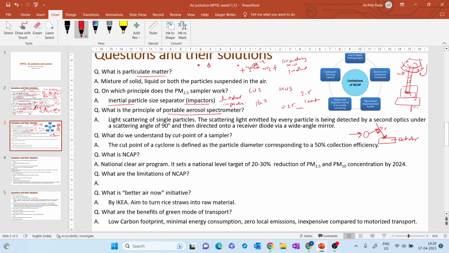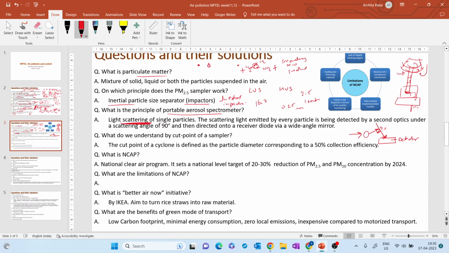So you have a particle, light strikes, whatever it has to absorb, it absorbs, and the rest it will scatter. The scattered light will strike this mirror at 90 degrees, and then it changes its direction towards the detector or diode, you can say. And you measure the light absorbing property or scattering property of the aerosol. So the simplest answer is that it works on the principle of scattering of light.